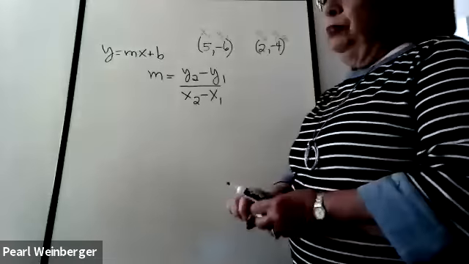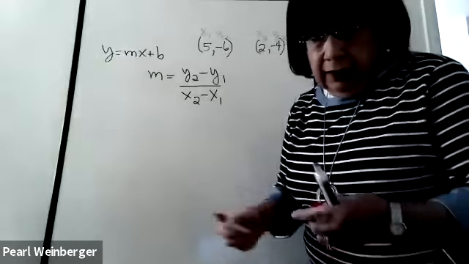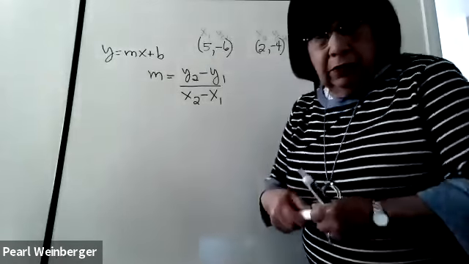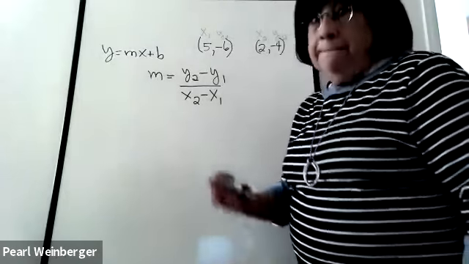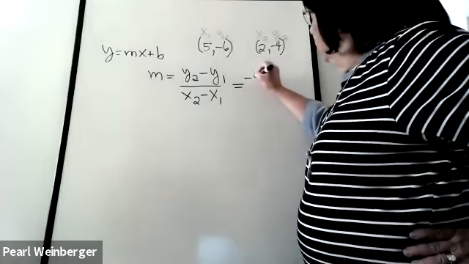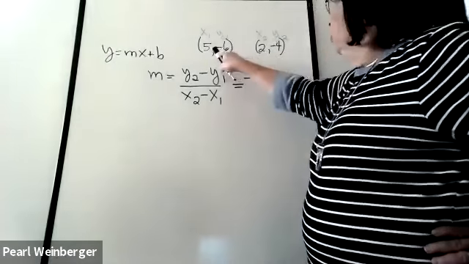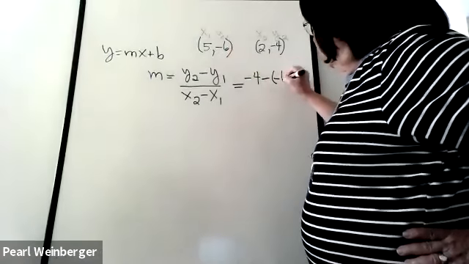You pick one point to be your first point, then you go to the next one, and that's your second point. Okay, so let's see. y2 is -4 minus y1, so it's minus -6.